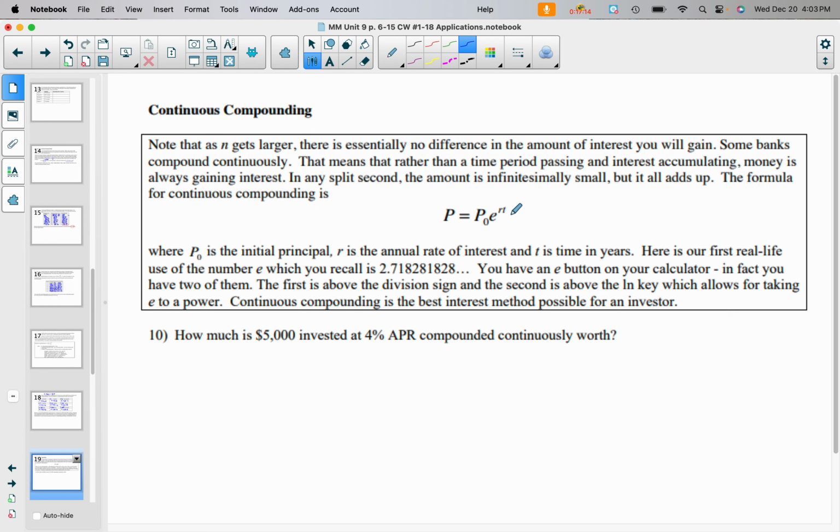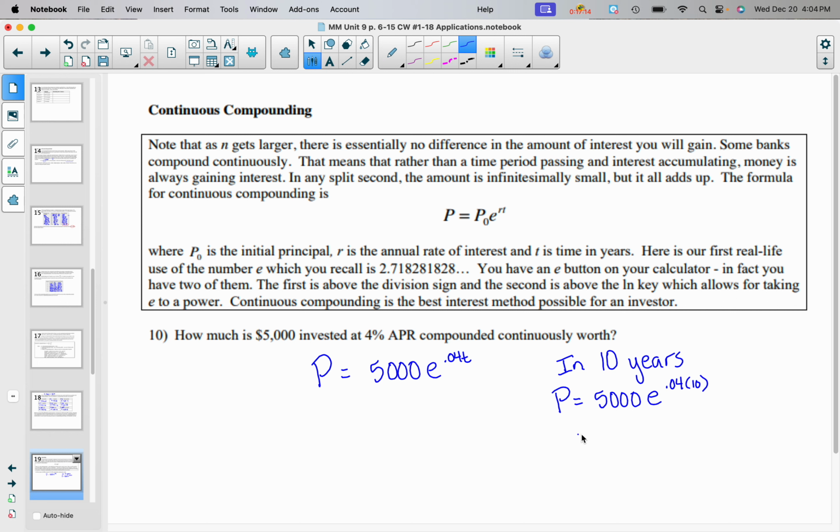Just to show you how to use that, if you were going to take $5,000 invested at 4% APR compounded continuously, then what you would end up with is P equals 5,000 e to the 0.04t. And if t was 10 years, so in 10 years, we would have P equals 5,000 e to the 0.04 times 10.